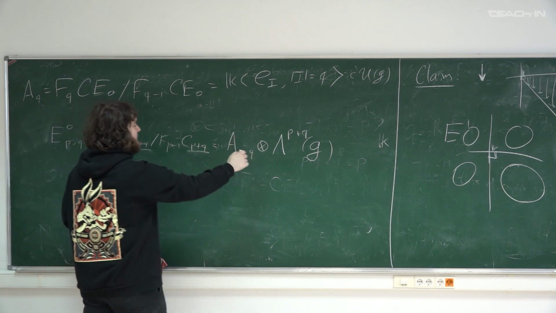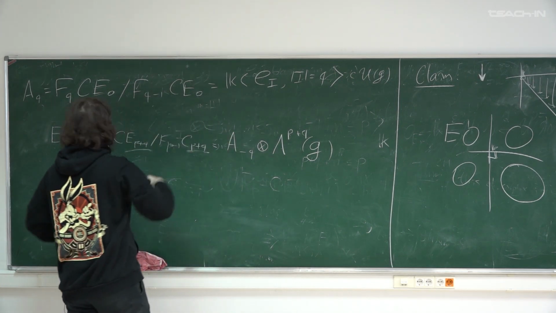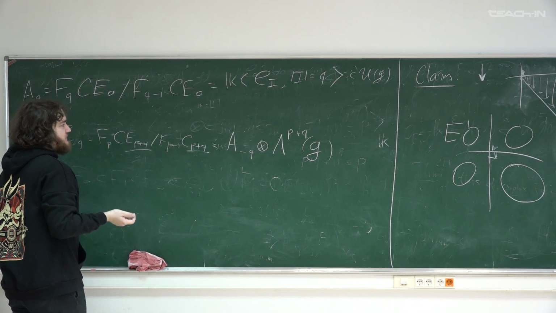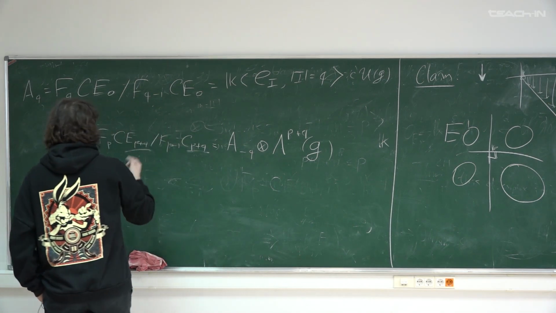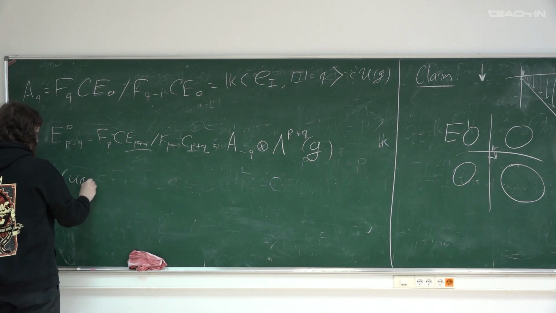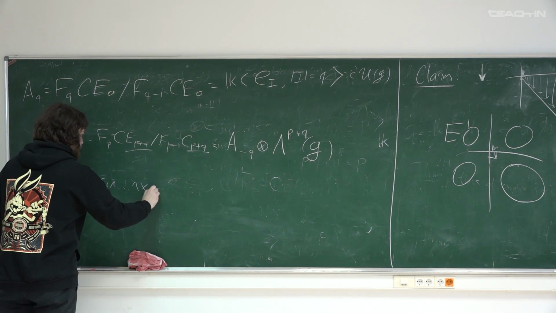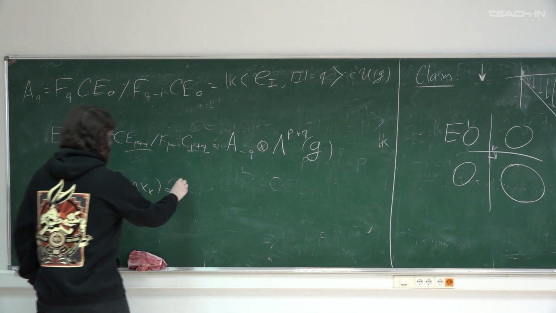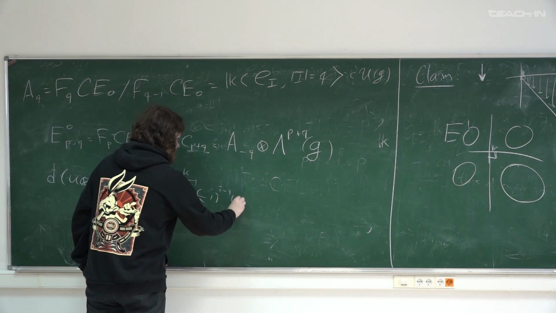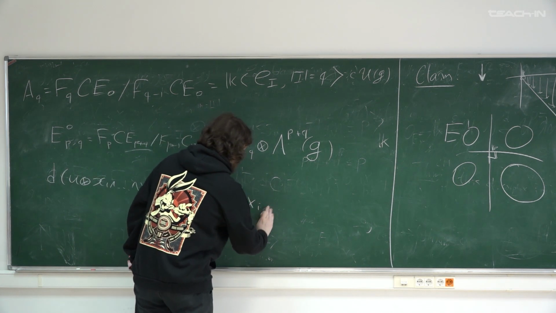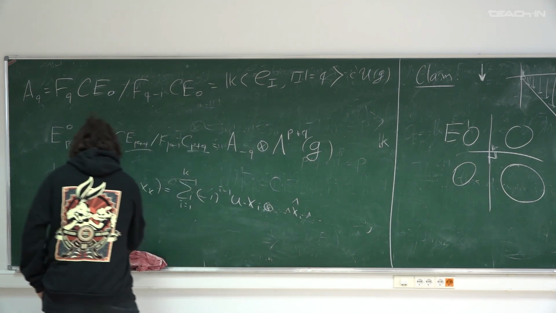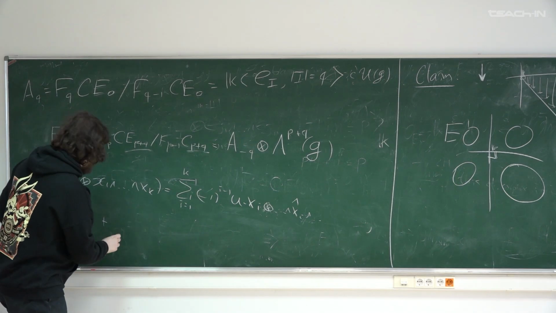So it's just a tensor, and this is our quotient. And what is our differential on this quotient? Our differential has two parts. The first part is the Koszul part, and the non-Koszul part.